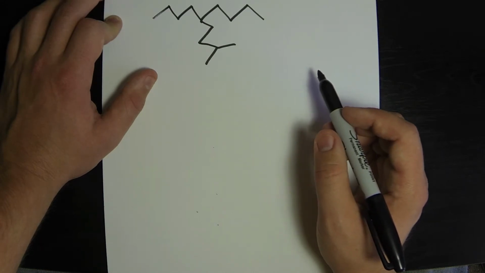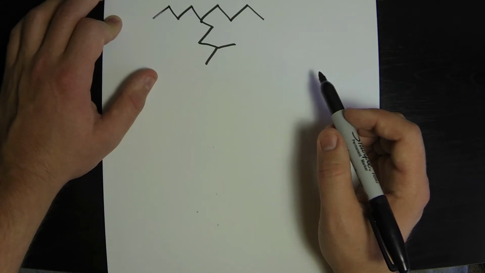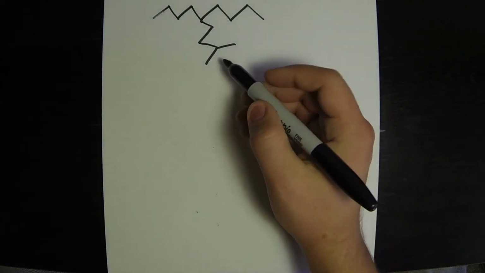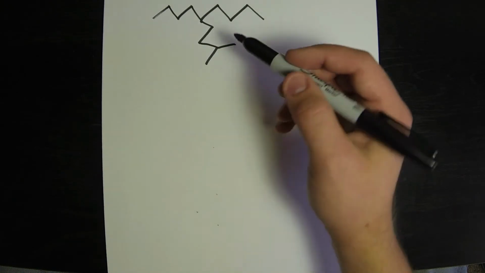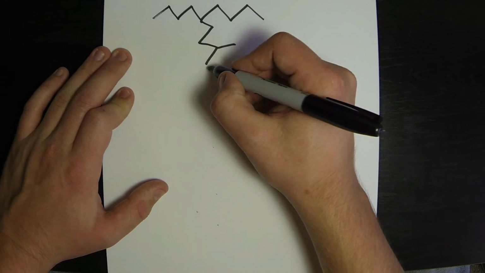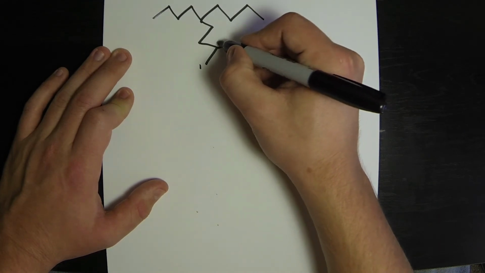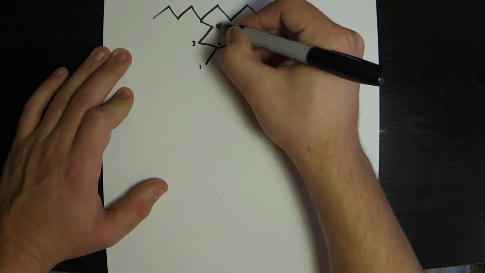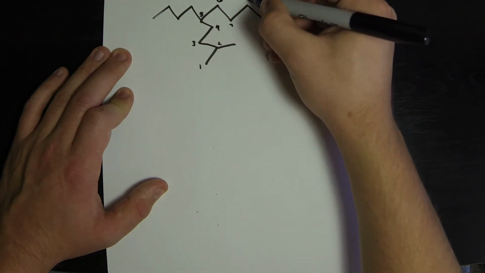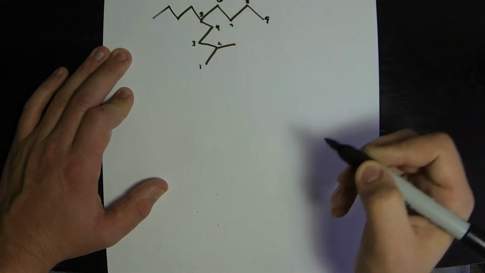And we want to arrange these things in alphabetical order. But you also want to do your numbering such that it hits the, I'm sorry, I'm drawing a blank, but it hits the substituent, the earliest substituent that it can. So we would actually want to do our numbering here. 1, 2, 3, 4, 5, 6, 7, 8, 9.